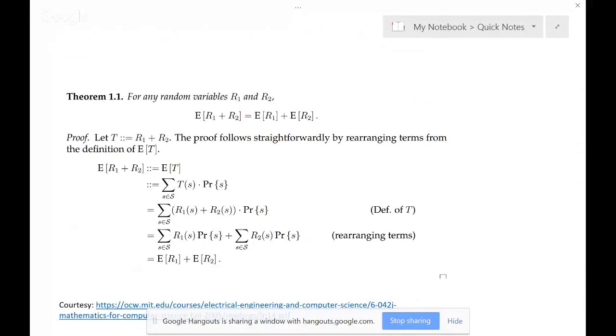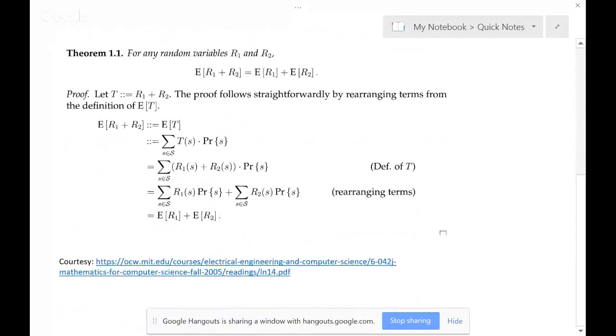One nice thing I found is that there was an alternative proof of the linearity of expectation that may be a little bit more intuitive. By the way, I've taken it from the source I've given over here. It's taken from OpenCourseWare from MIT.